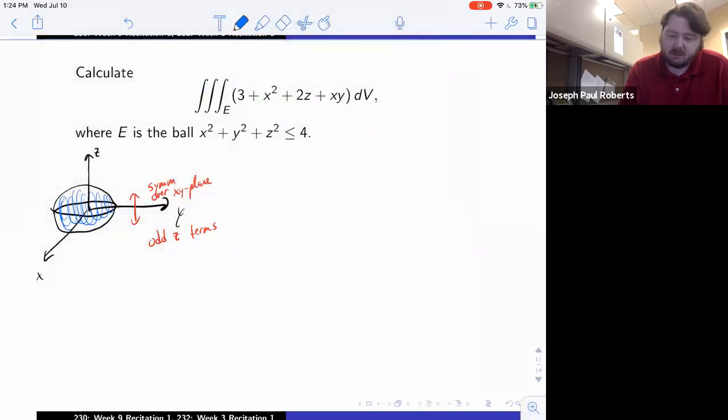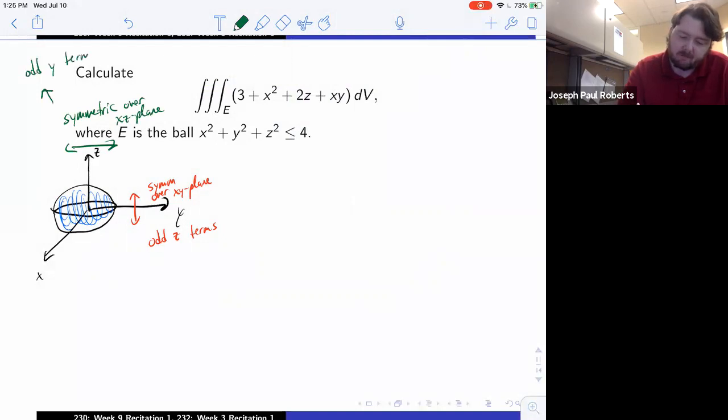But in addition, this region also is symmetric over the xz plane. So therefore, odd y terms integrate to 0.